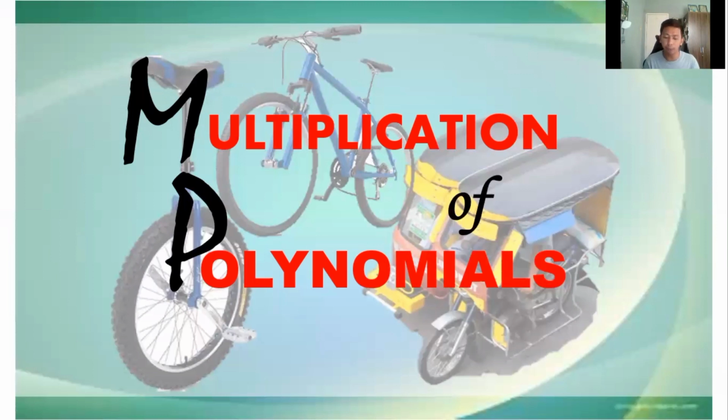Remember, in multiplying polynomials, we apply one of the laws of exponents, and that is the product rule. When we say product rule, let us recall that the product of powers of the same base is obtained by adding their exponents.